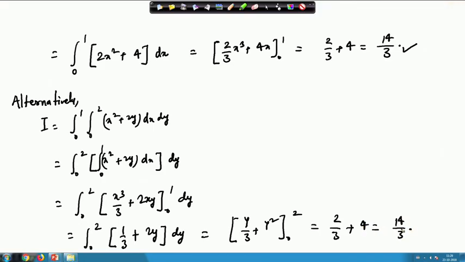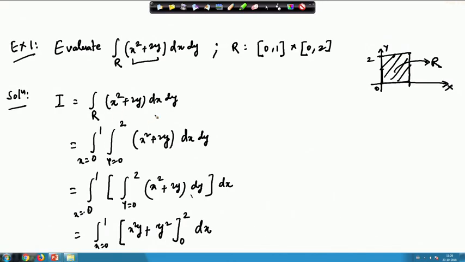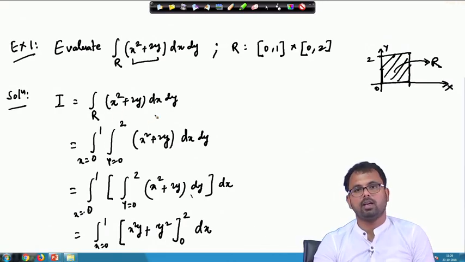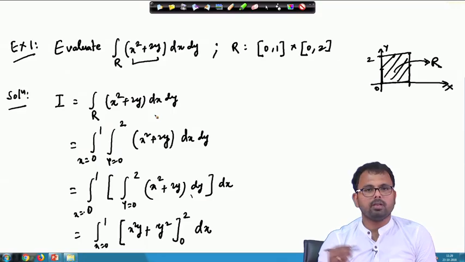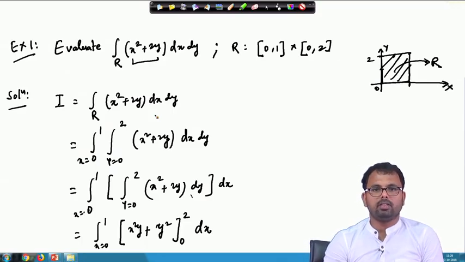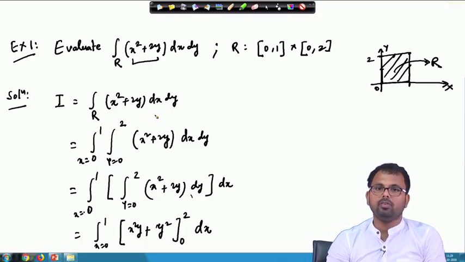So, even if we integrate with respect to x first by treating y as constant, we obtain the same result, and this is happening because this double integral exists on this rectangle R. Sometimes it is also intuitive: just looking at the integral, you can make out whether it would exist on that interval or not.